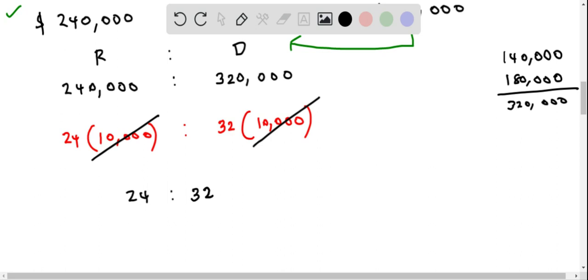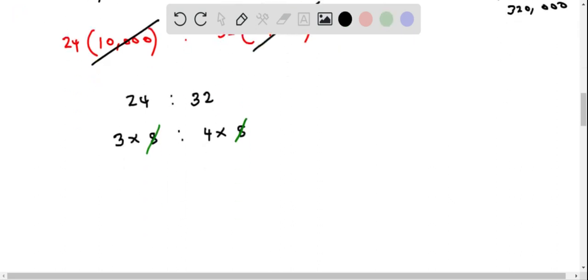In fact, we can also reduce it to simplest terms. We write 24 as 3 times 8, and 32 as 4 times 8. Now we can cancel the common factor 8. So finally we are left with 3 is to 4.